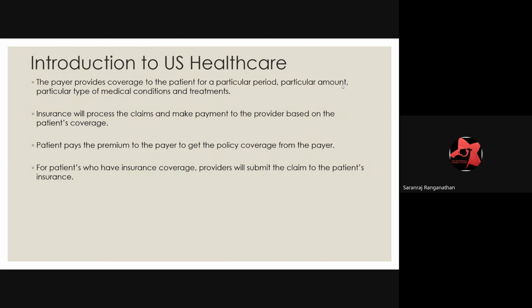In a particular amount means up to 10 lakhs, up to 2 lakhs, up to 1 lakh, like that. They will fix that amount. In particular types of medical conditions means for these conditions only we will provide payment. And particular treatments, like high technology treatments, we won't provide, only ordinary treatment we will provide.